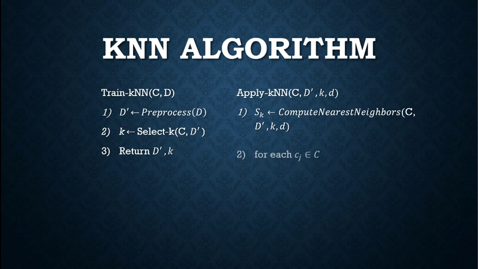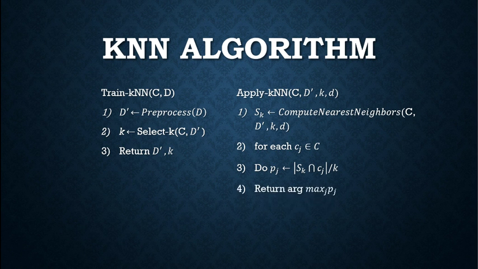Then for every possible class, we estimate the probability that the given document is in that class, based on the intersection of the given document's neighbors and the selected class. The class with the max probability is returned as a result.